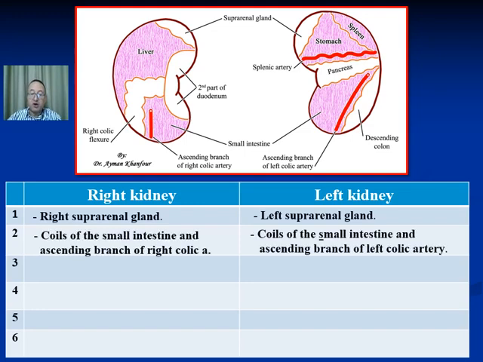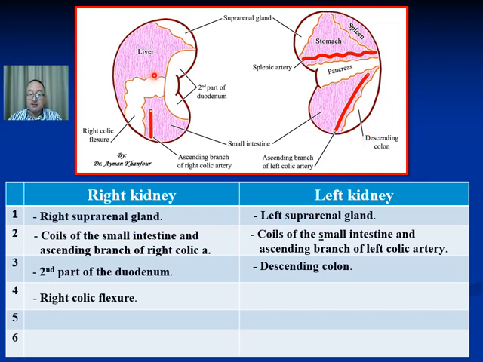But in addition, on the right side, I have ascending branch of right colic artery. On the left side, I have ascending branch of left colic artery. What are the remaining intestine on the right side? Yes, I have second part of duodenum and right colic flexure. What are the remaining intestine on the left side? Yes, descending colon.